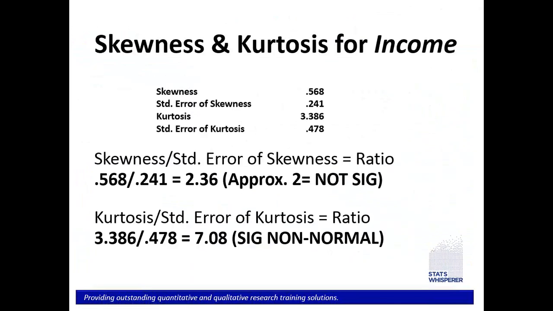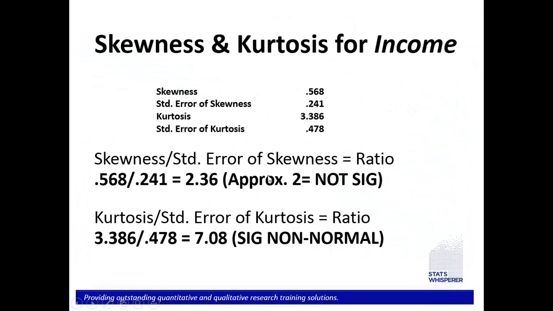So this is what the output would say. The skewness is 0.568. The standard error of the skewness is 0.241. So if we divide the skewness by the standard error, we get a ratio of 2.36, as in the skewness is a little larger than 2 times the standard error. So that's acceptable.